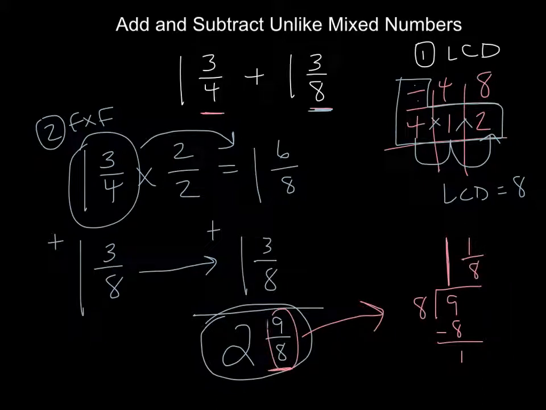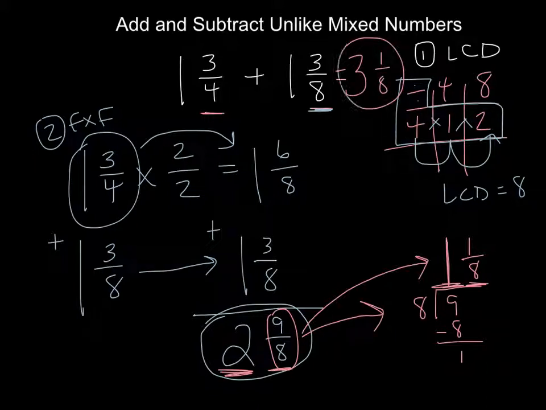So 9/8 is the same as 1 and 1/8. I'm going to combine my 1 with the whole number I already have. So 1 plus 2 equals 3. And the fraction I still have left over is 1/8. So my final answer is 3 and 1/8.